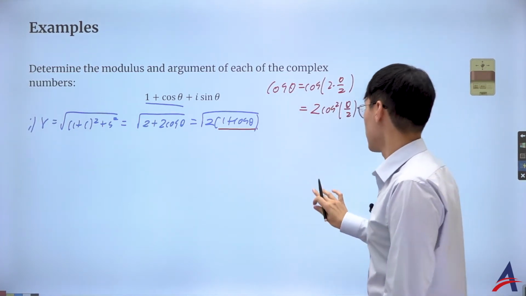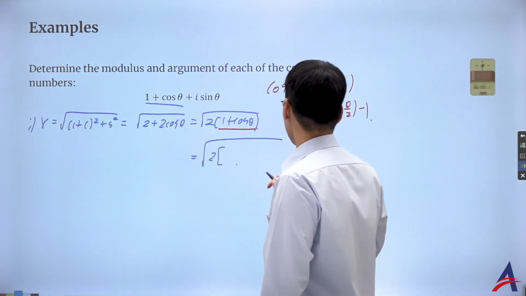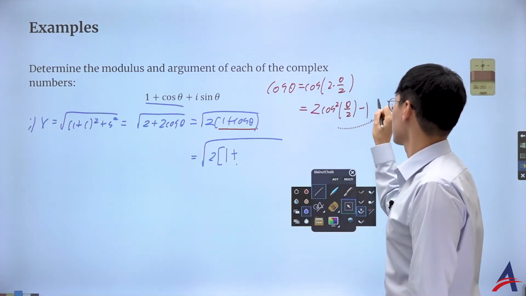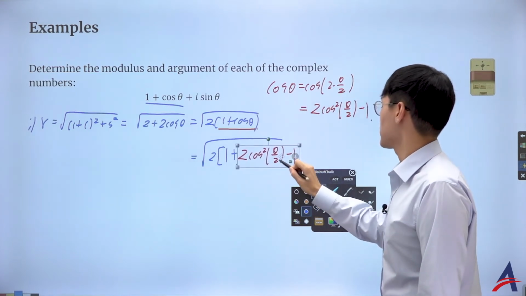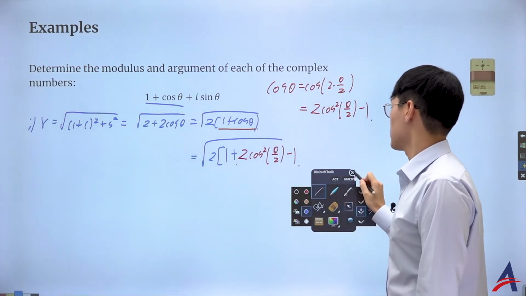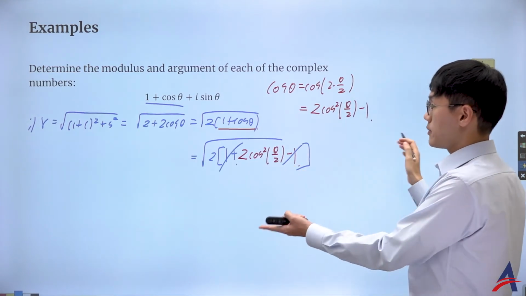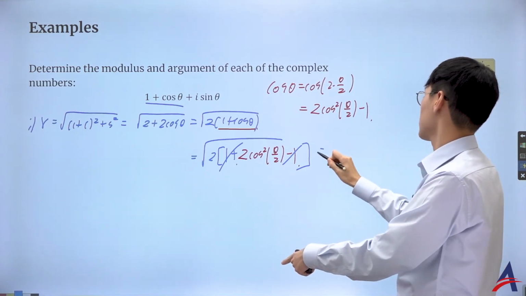That is lovely. So here, I'm going to get square root of 2 times 1 added by the double angle version of the cosine here. And just like that, I'm going to replace it. Okay, so that is great. So I'm going to cancel it out, right? Then I'm happy because it's a 2 squared. So the square root will indicate that I will have 2.